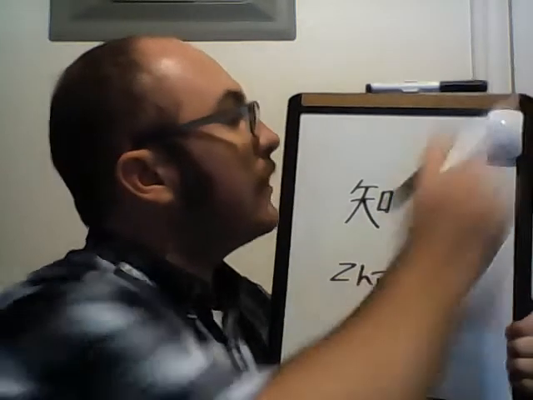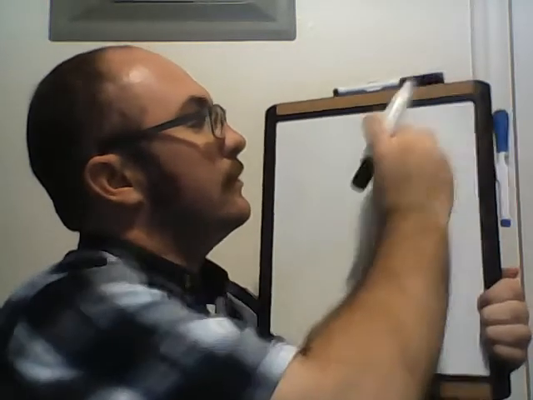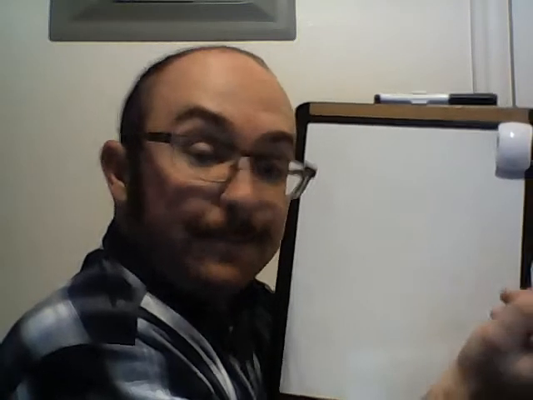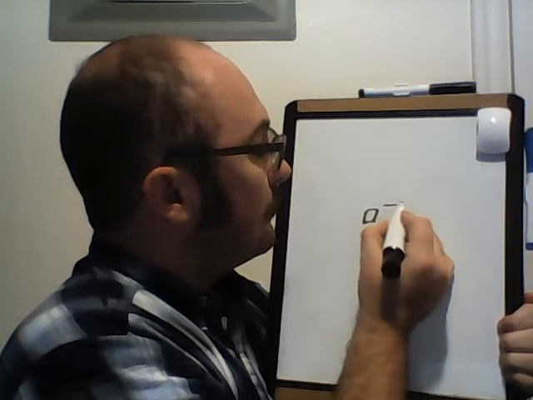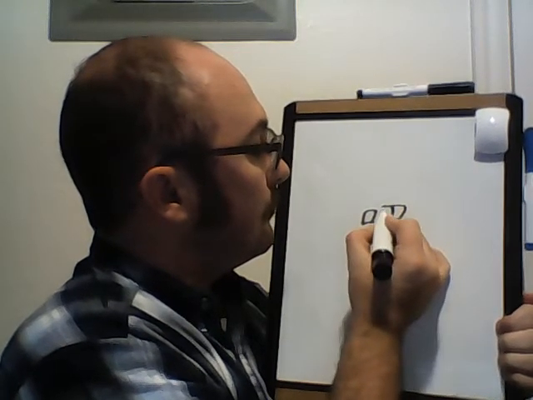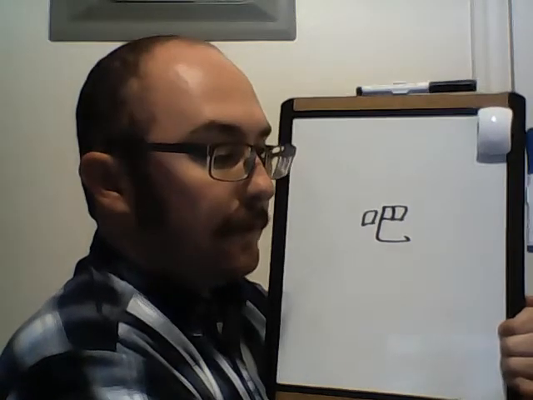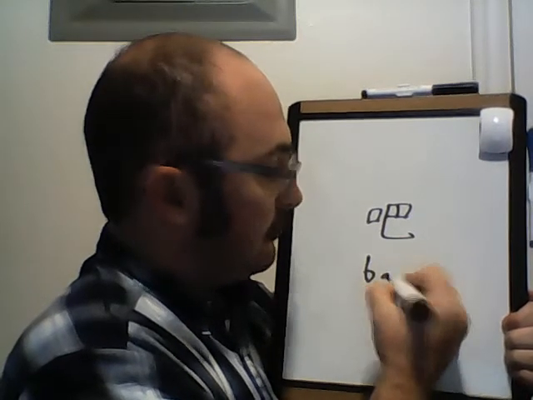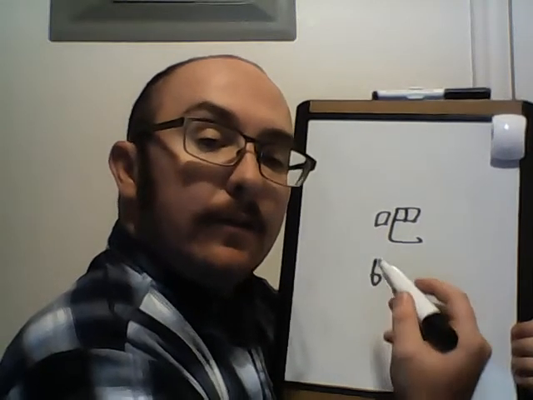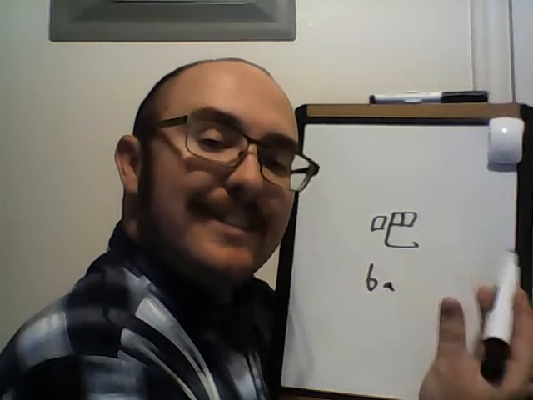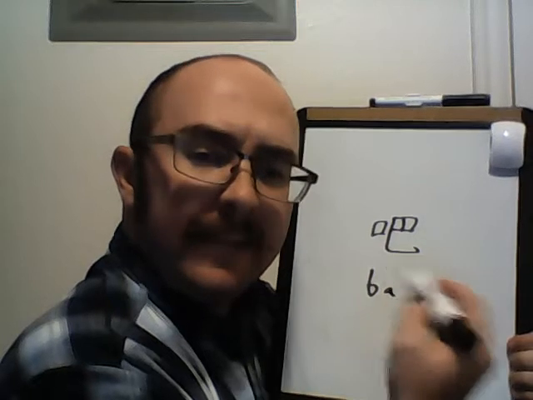So 知道. Okay. Now our grammar principle for this video is going to revolve around a character. This also has that 口字旁. This is ba, 5th tone ba. And the grammar principle is you put this at the end of a sentence or at the end of a clause to make a suggestion or a command or something like that.